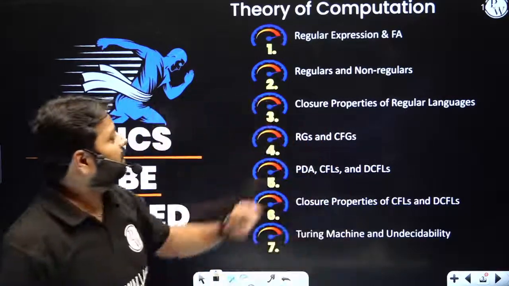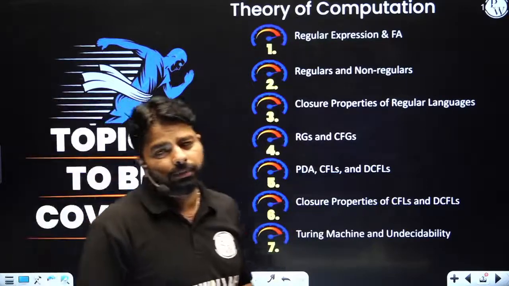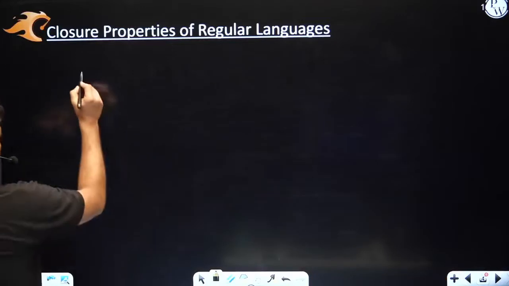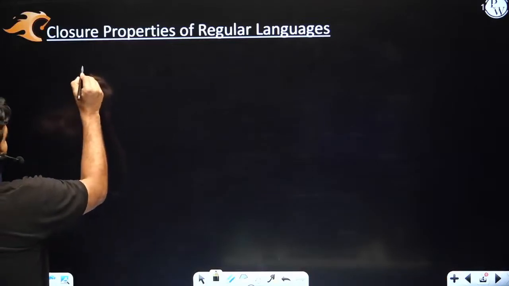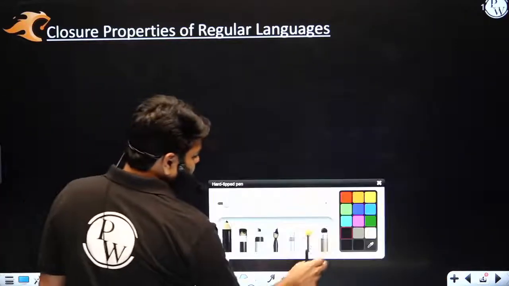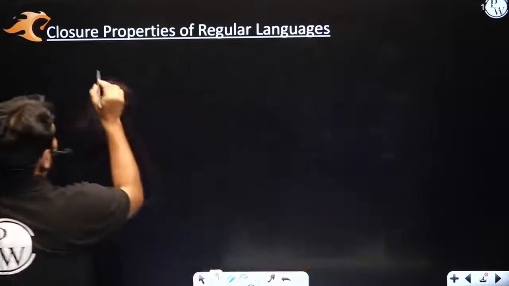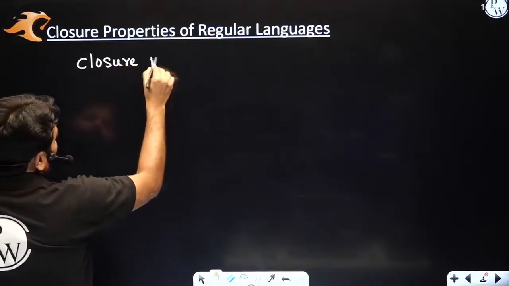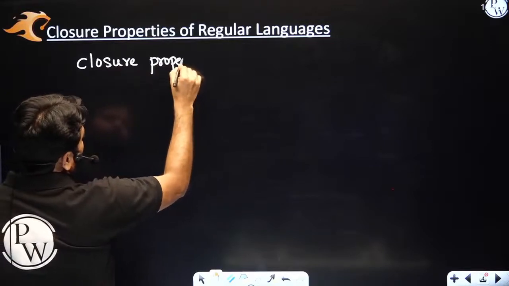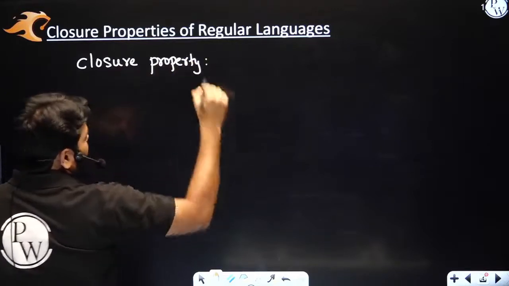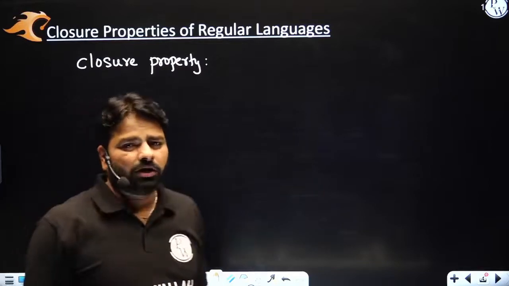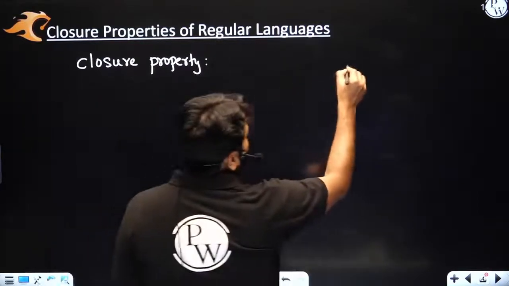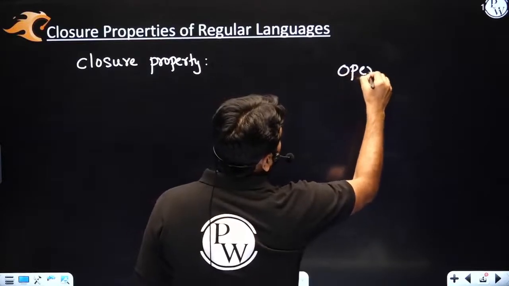Now let's come to the point, what is a closure property? The closure property is nothing but an operation. The operation could be either unary or binary.